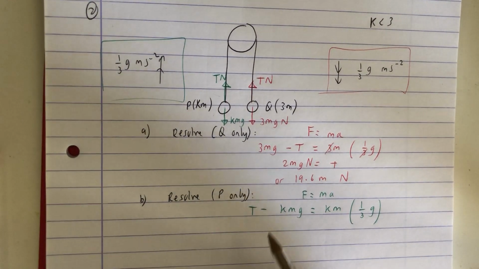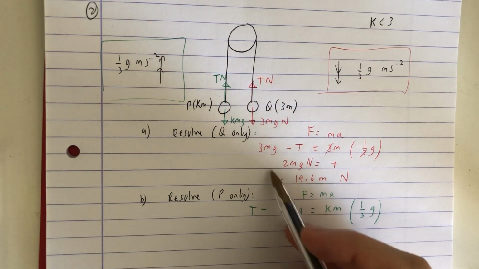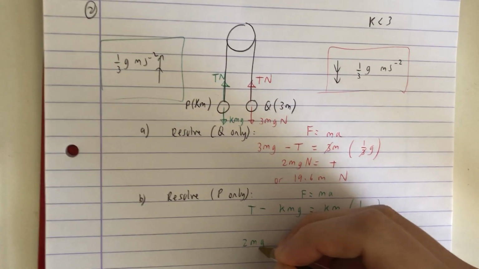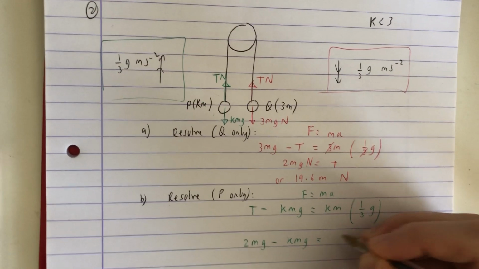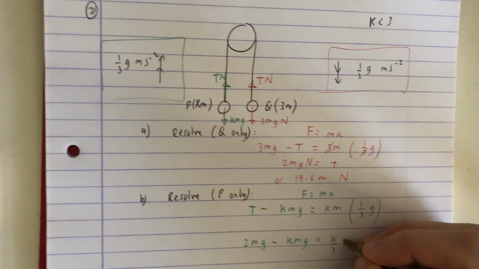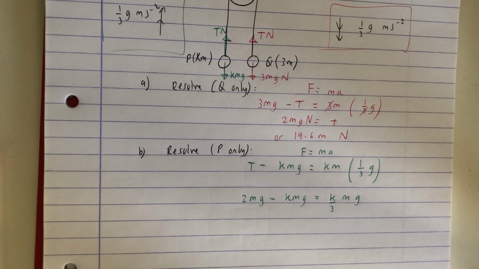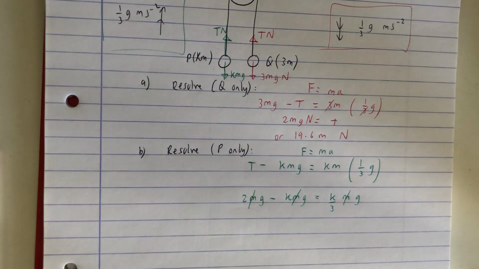Substitute our value of tension in, which is either of these. I'm going to use the 2mg one. 2mg subtract kmg equals, simplify this, k over 3 mg. And lots of things simplify. There's an m common to everything, cancel out the m's.